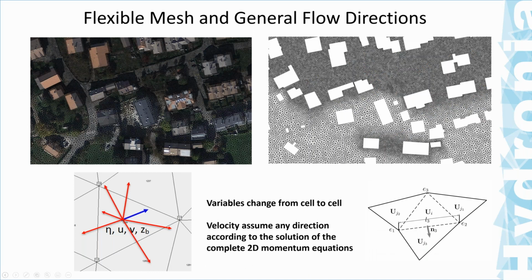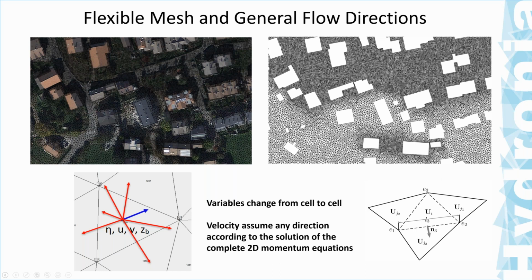Now we had a presentation, a webinar a month ago or so, where I briefly described the capabilities, but today we are going to get more into the practical aspects and more fundamental aspects of the model. Well, first, the model uses flexible mesh.